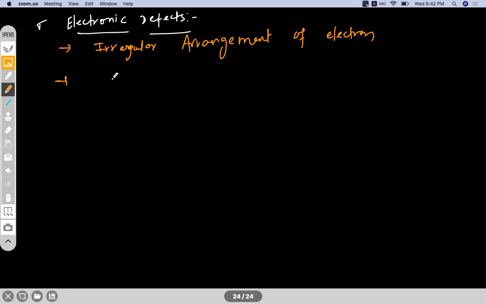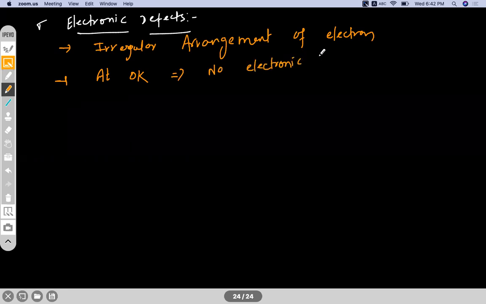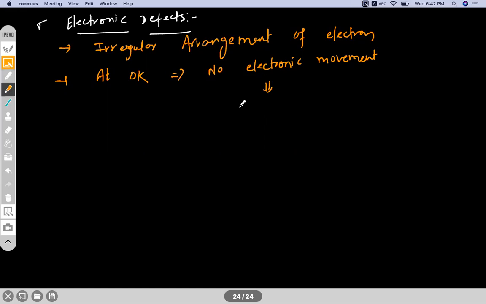So at 0 Kelvin, there's no movement of electrons, and hence we say no electronic movement. I'm just giving you the key points here. No electronic movement, and hence we do not have any conduction, no conduction.